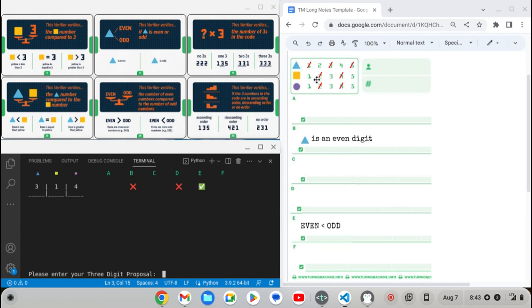So let's go ahead and type that up, and that's in section D. So we know that triangle should be less than square. Okay, and I probably should have prefaced it with that we deduced it, since we didn't actually get a check, but through logic we're able to figure out that triangle should be less than square.